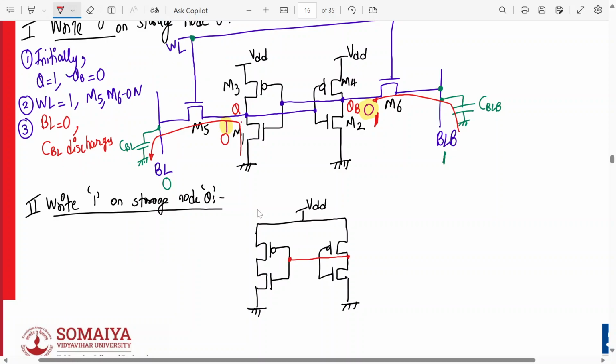Here it is, and this goes over here. Then we have two access transistors, one over here and one over here. Both are word lines, and this is bit line. This is bit line bar. And we have a capacitor connected to the node.